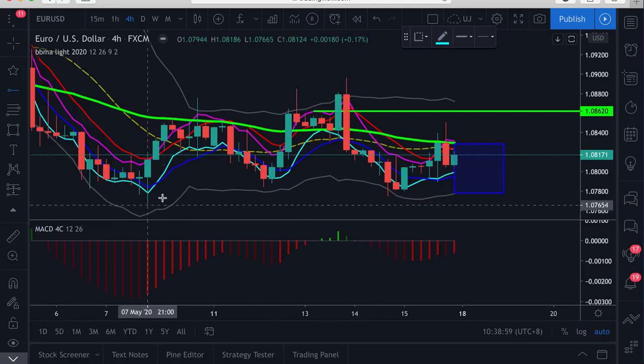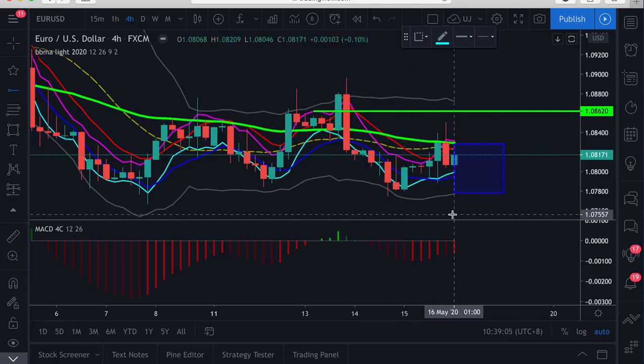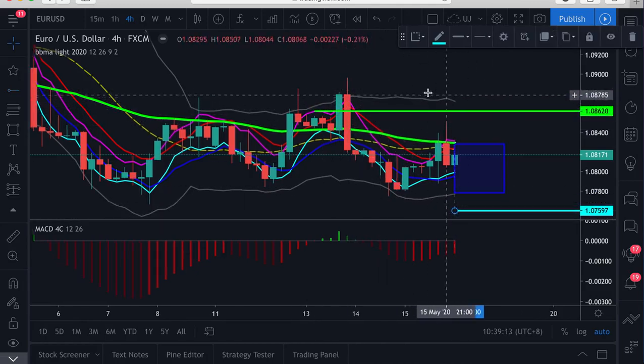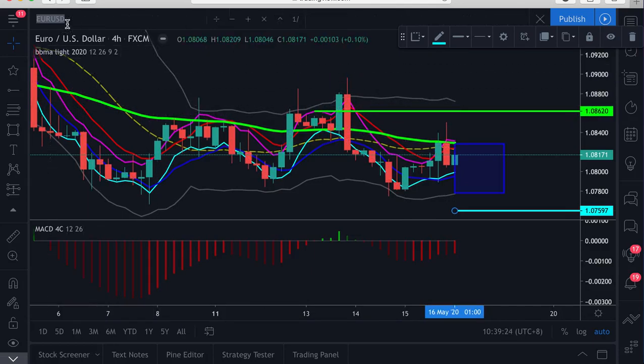We have to be passing the low of this week. This will be the ideal stop zone around here, maybe 5 pip or 10 pip below. So this is our stop level and our target will be at the top BB here. You can target here or here. So that is for EUR USD, instant buy at H4.